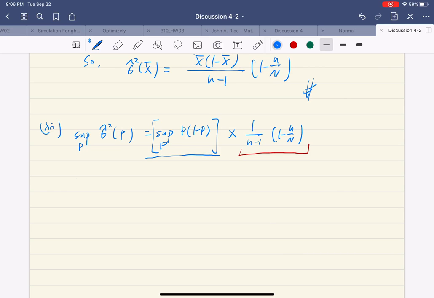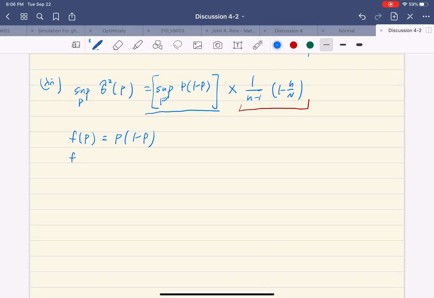Okay, so we can define f of p equal to p times 1 minus p, and we find the first derivative, which is equal to 1 minus 2p, and we set this equal to 0. We can get p equal to 1 over 2.